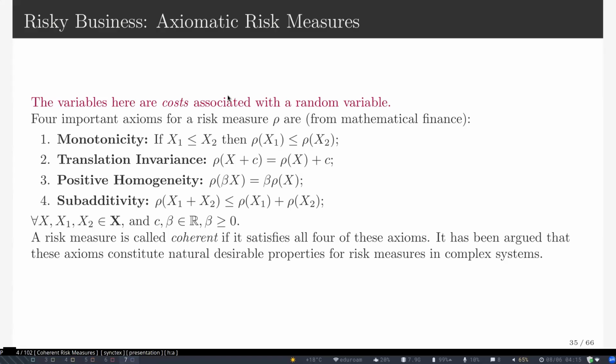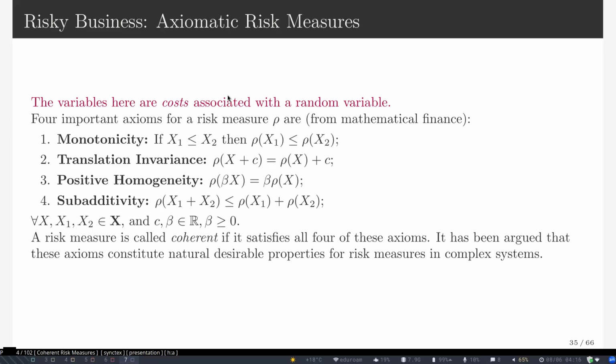The risk of having these units of money is the same as these units times the risk of having the same amount. Sub-additivity. The risk of investing in 2 things together should be lower than or at most equal to the risk of investing in each of them individually. I will go through them again. So it's coherent if it satisfies all these 4 axioms.